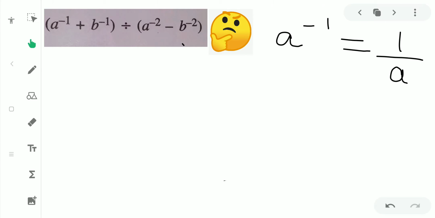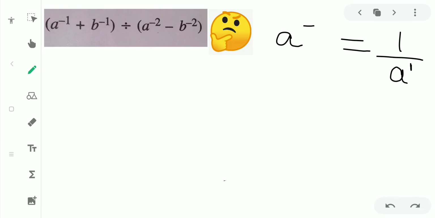The first question is on your screen: (a power minus 1 plus b power minus 1) divided by (a power minus 2 minus b power minus 2). Here we have a law that I explained earlier: a power minus 1 is equal to 1 by a power 1, or 1 by a.